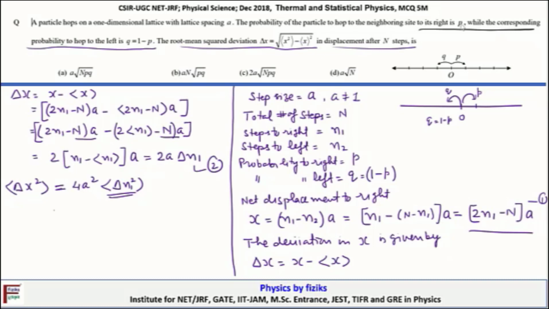So this can be rewritten as 4a square times npq. You have to remember this result, it is very nicely done in the book by Reif, so we are taking this result directly. In principle this can also be proved, but it will take a large amount of time here, so I'm making use of this result directly. So n p into q.